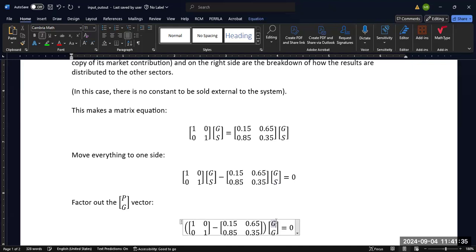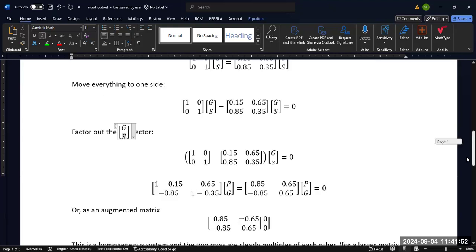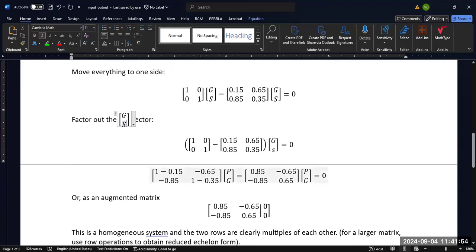And that is going to leave us with the goods and services vector standing by itself. We can factor that out because it's multiplying both of these matrices. And then if we combine corresponding components, we end up with a matrix that has these coefficients. And the other side of the equation, of course, is now 0. So the system is homogeneous.